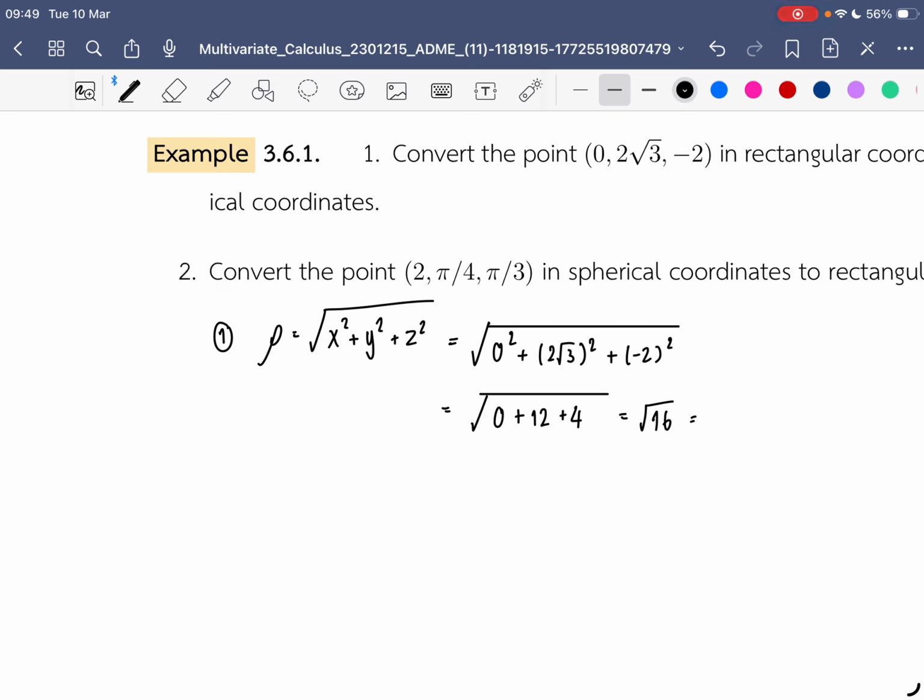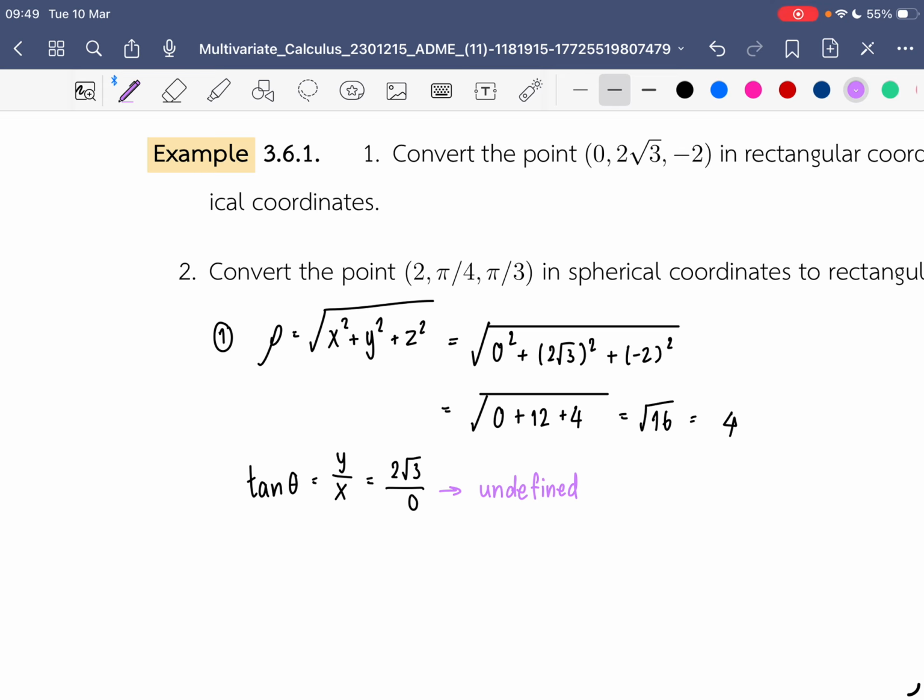And tan theta is y over x. Notice that y over x is some non-zero number over 0. It's undefined, right? On which theta is the function tan theta undefined?